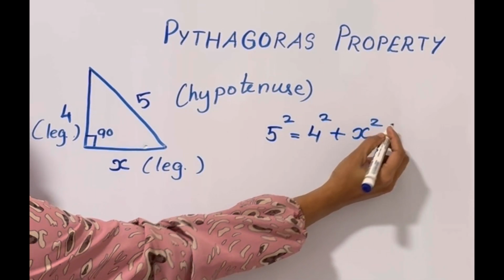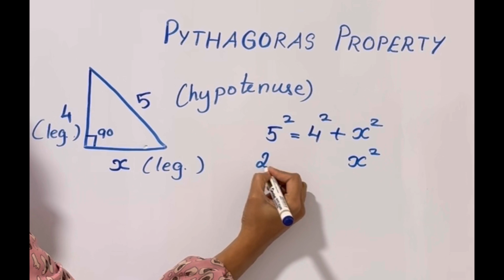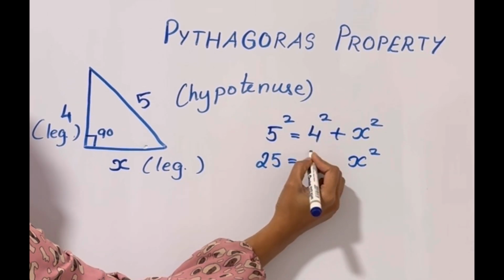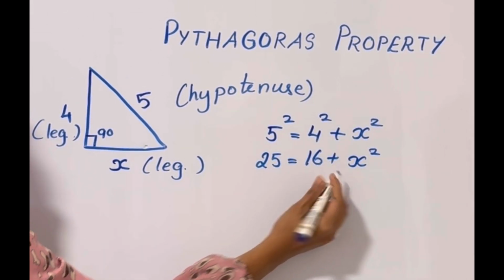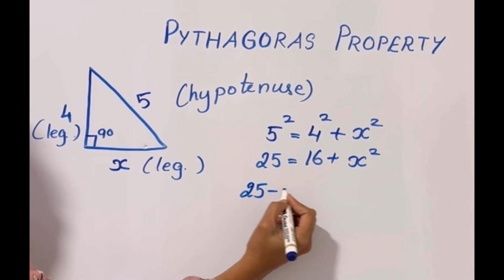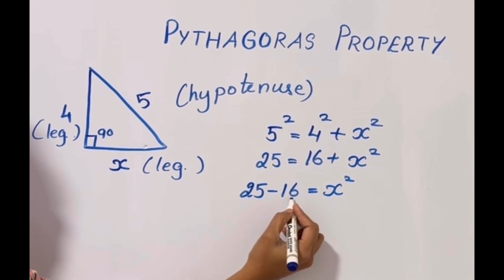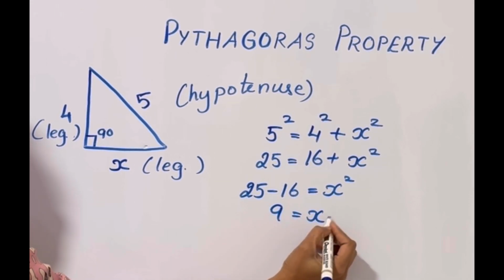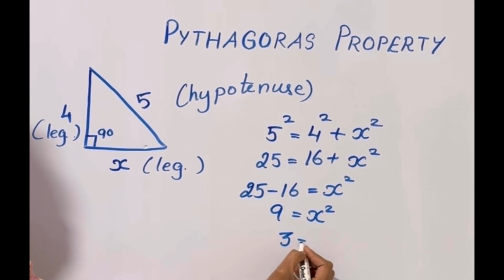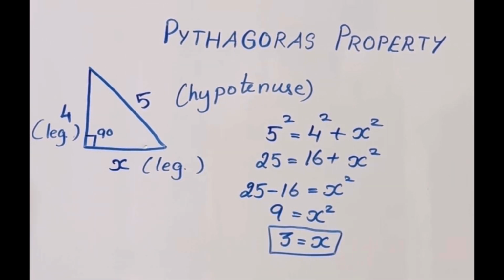So just move the square of one leg to the left side and subtract it from the hypotenuse square. So 25 minus 16 is 9, and it is the square of 3. Hence the missing leg, here x value, is 3.